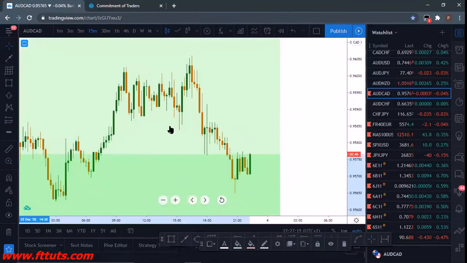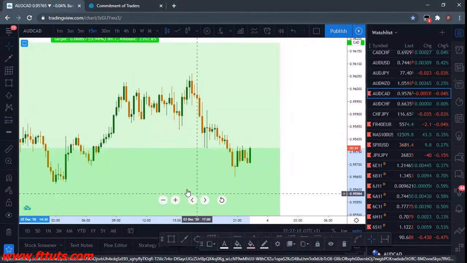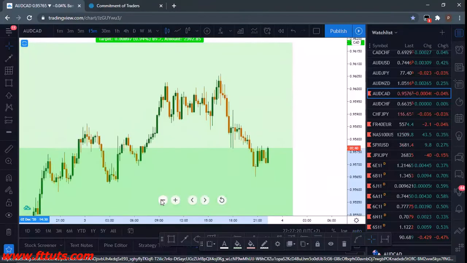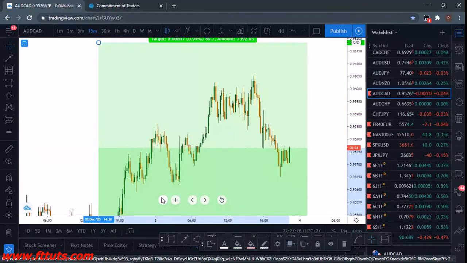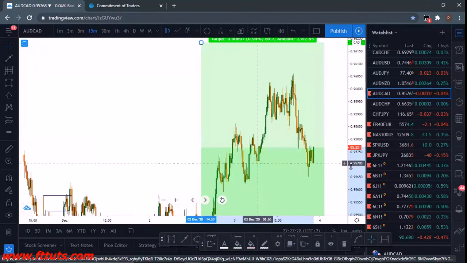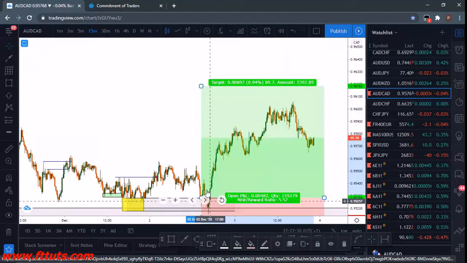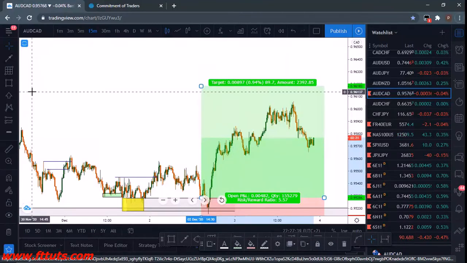So if you took a sell here, you're probably in some profit. I took some partial profit here on this trade, at 3%.